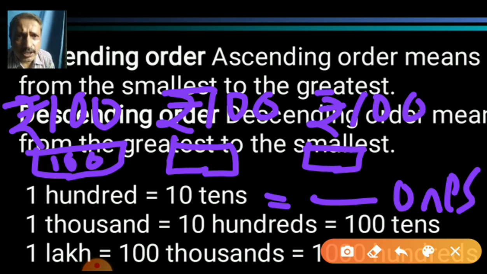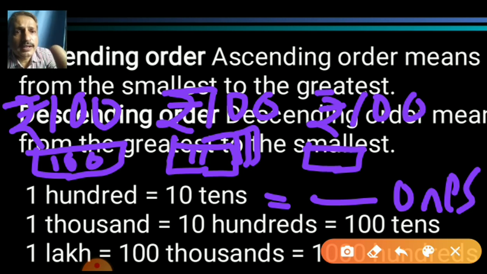First student having a 100 rupees note, second student having so many notes of 10 rupees. So many notes are there. How much rupees of note are? 10. How many notes are needed to make it 100? Yes, 10 notes are needed. And the last student having coins of 1 rupee.